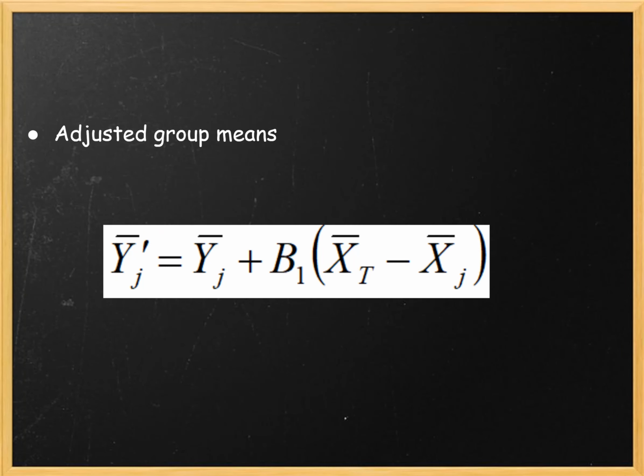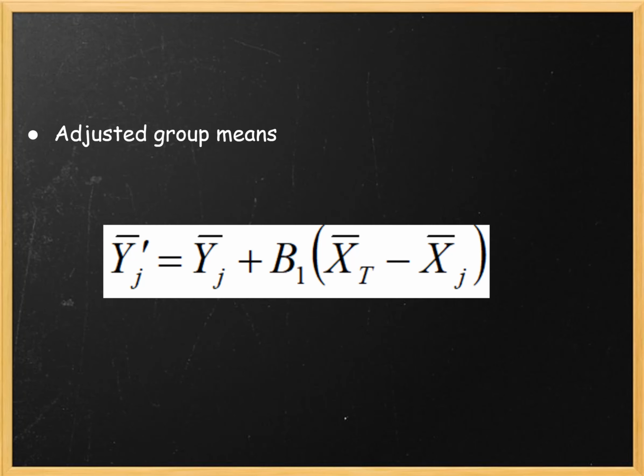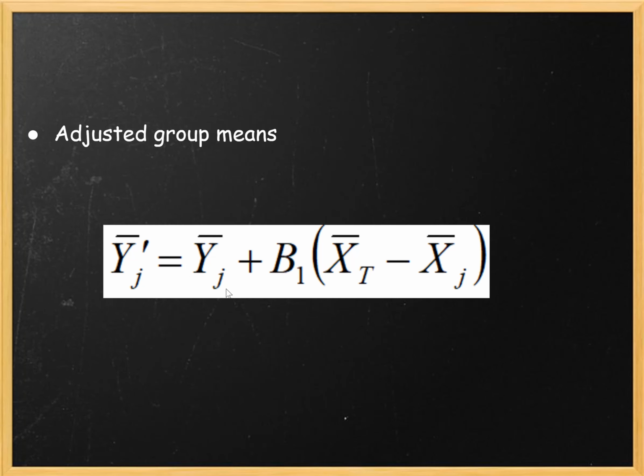So to assess how the adjusted group means are computed, you basically have the observed mean for each group. So that's y with the bar over it. That's the observed mean for each group. And then plus a regression coefficient.